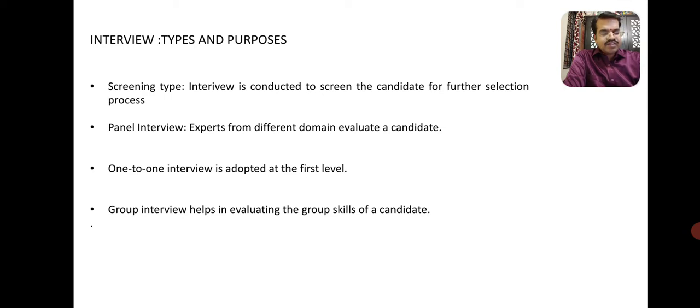So it is a process of filtration in the very first round. If you have some idea about how the interview or selection process takes place in certain prestigious multinational companies, you will definitely come to know that it is not just one or two rounds of interview.